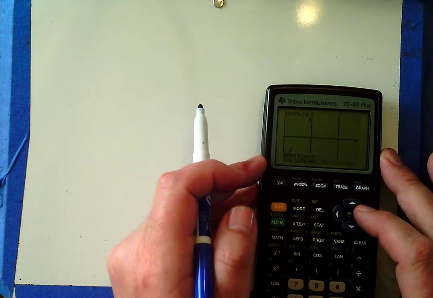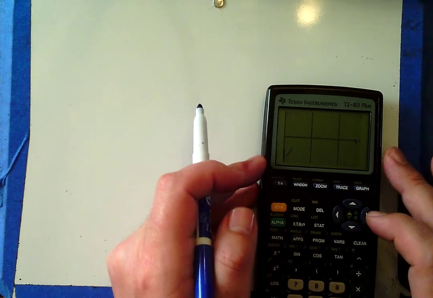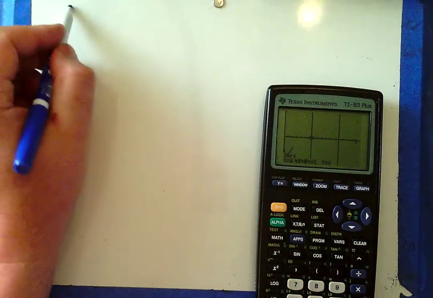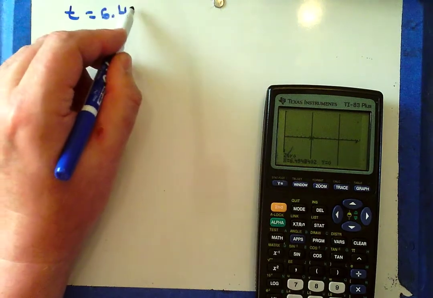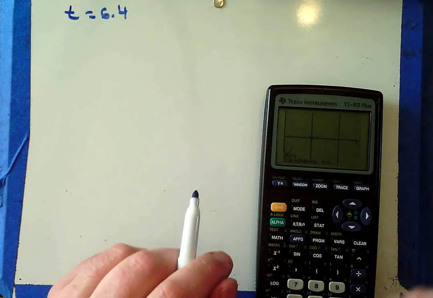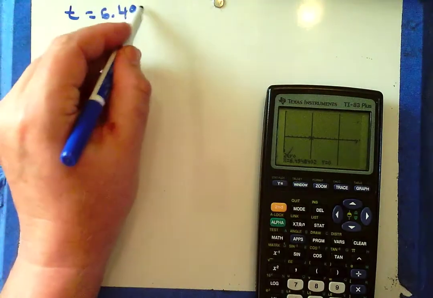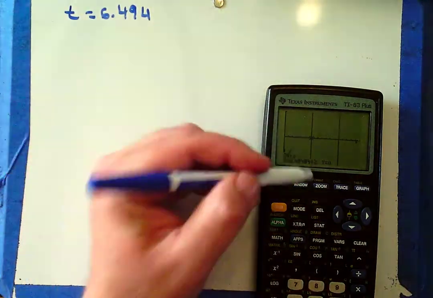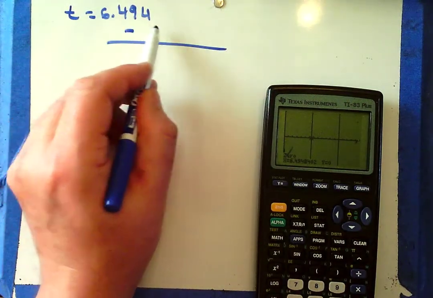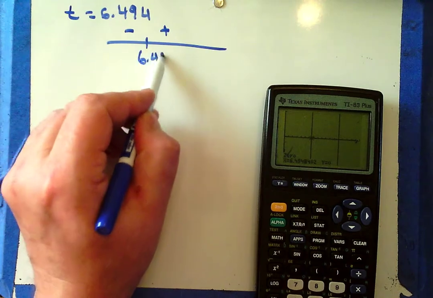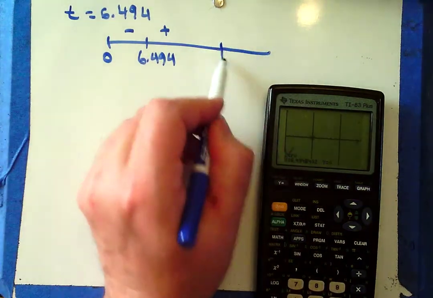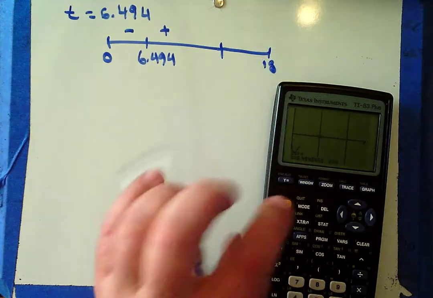Okay, I'm to the left, I'm to the right, I hit enter, then I get t equals 6.494, and because I went from minus to plus there, this is a zero. We got this other time, and then 18.